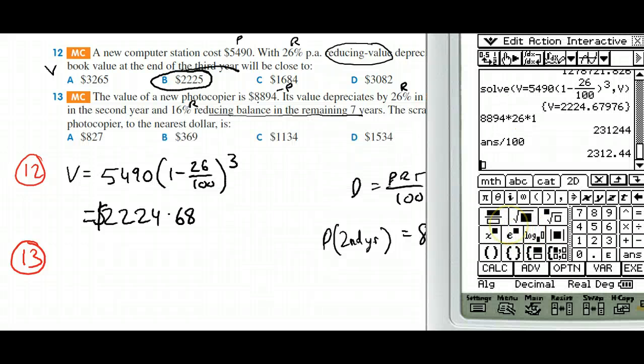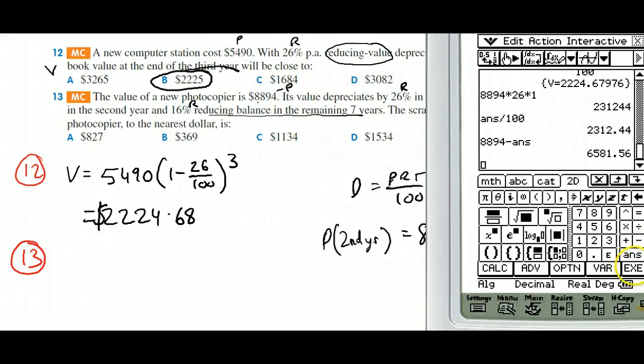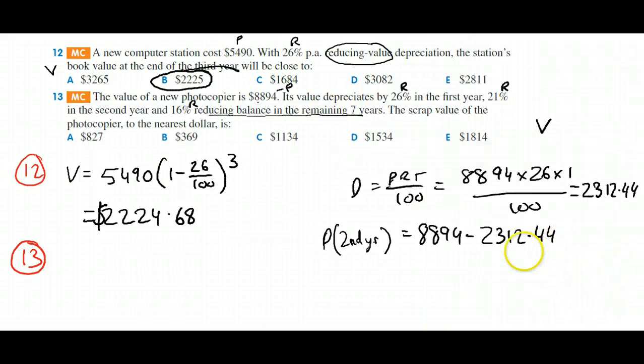So let's work out our new purchase price. 8894 minus, we'll just put the answer from the previous line in, and we get 6581.56. So that's our new value for P.